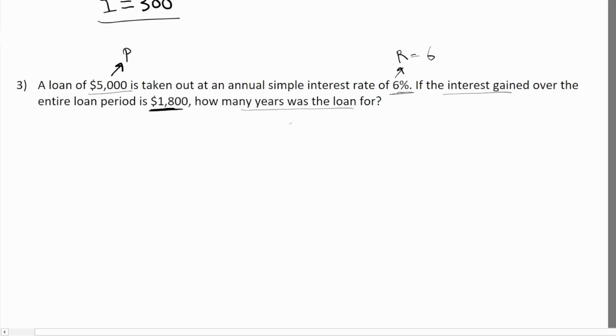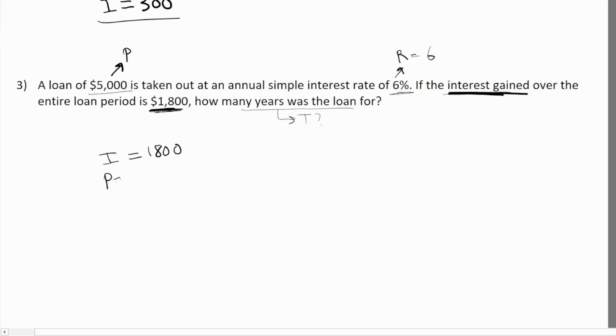So we're being asked for how many years. This is T, unknown. What the question actually gave me here is the interest gained. So I'm told that I gained $1,800 in interest. So this is I. So I is equal to 1,800.